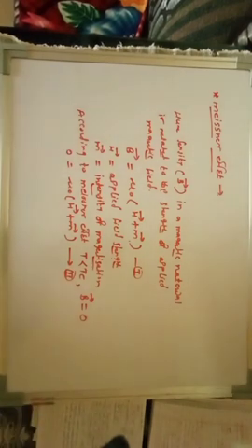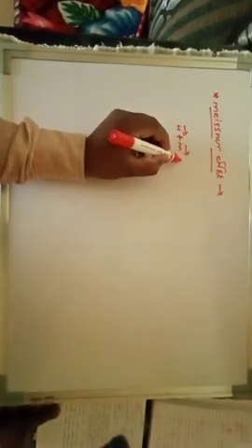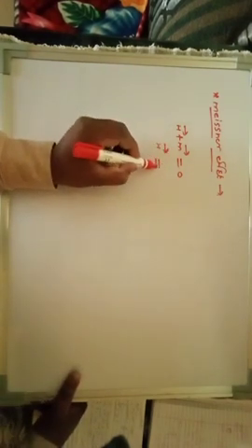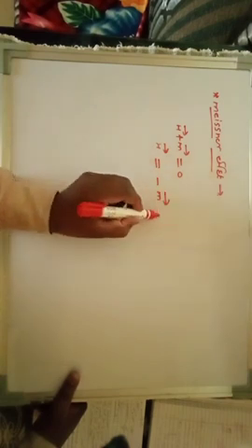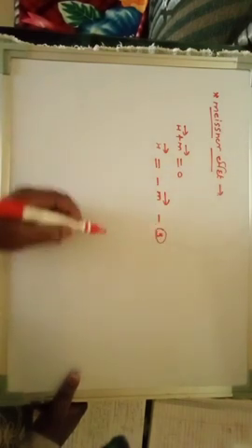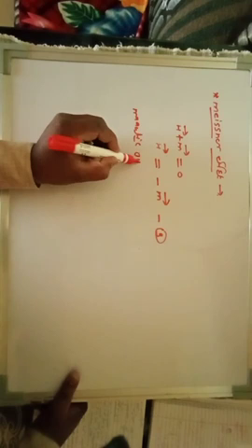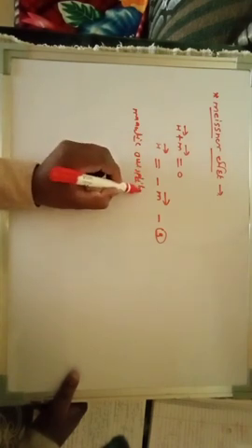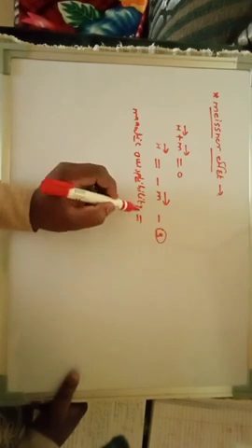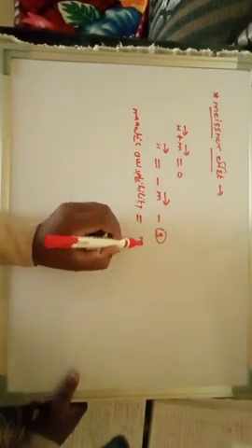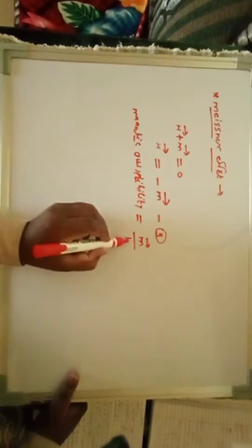From equation 2 we can write H vector plus M vector equals 0, or H vector equals minus M vector. So we get equation 3. And we know the magnetic susceptibility formula is M vector upon H vector.